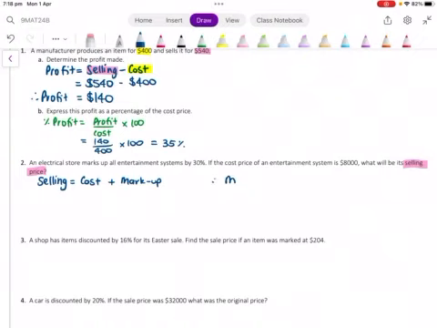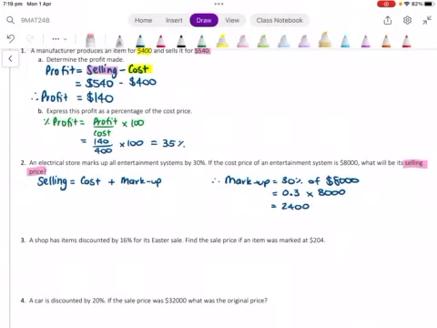So our markup is 30% of our $8,000. So 30% of $8,000, we change our percentage to a decimal or a fraction. The word of means times. 0.3 times 8,000 is 2,400.